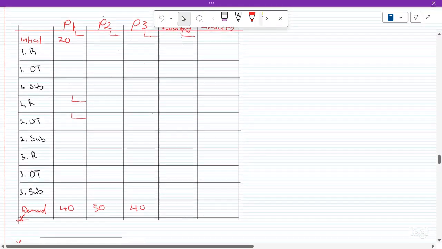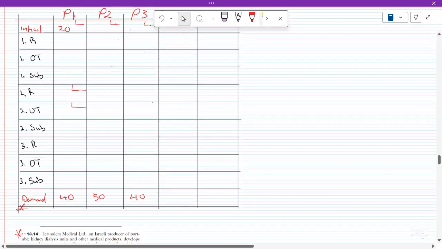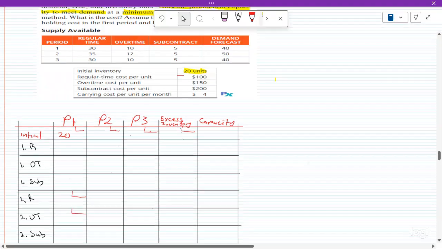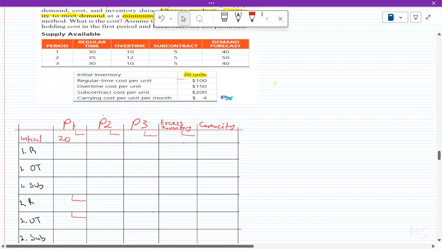And to be safe, usually, just rather you do this. Obviously you're not going to focus on this capacity. This one says initial, which is 20.